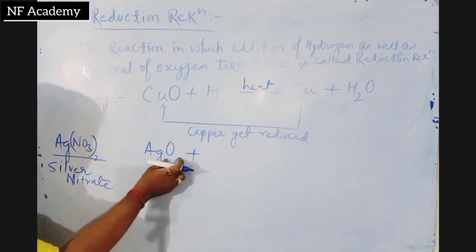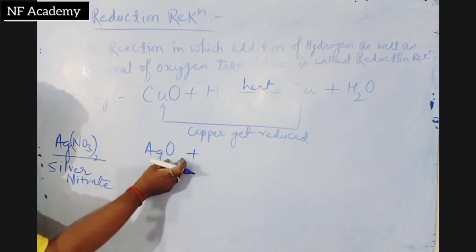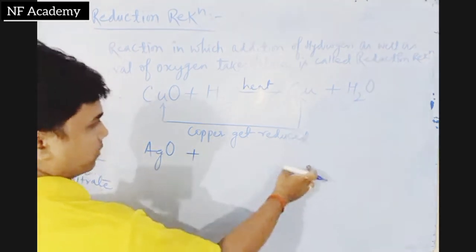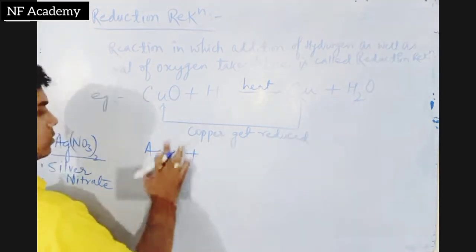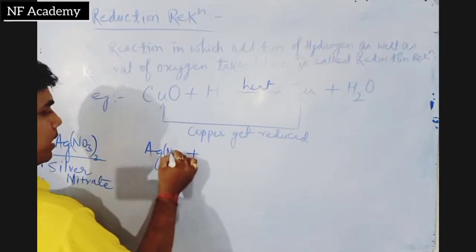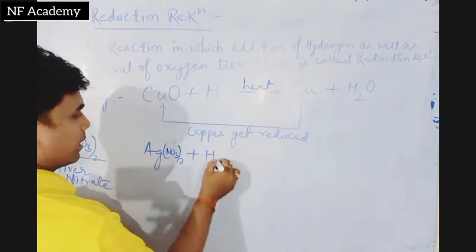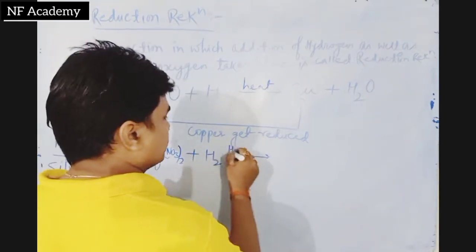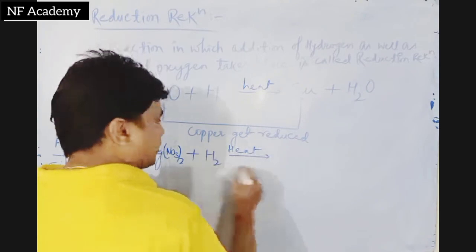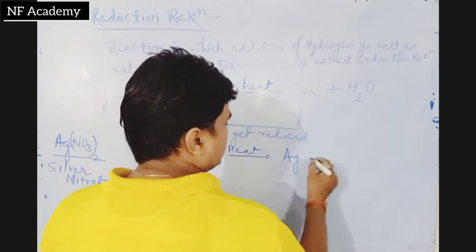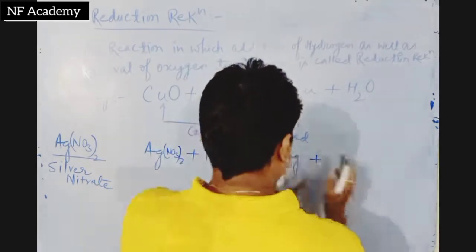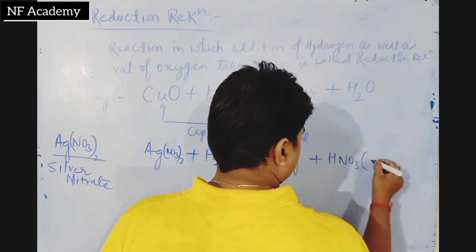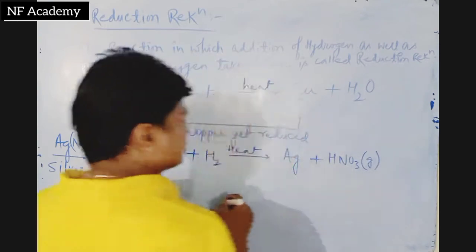So with silver nitrate, AgNO3, when it reacts with hydrogen and is heated, it forms silver plus HNO3, and the acid that is formed is in gaseous form.